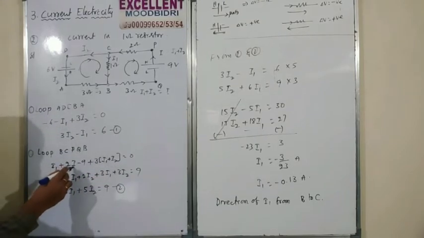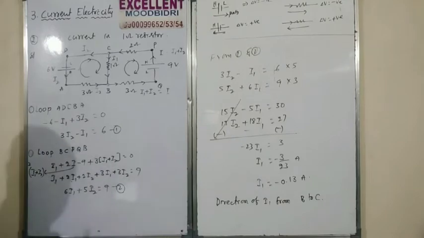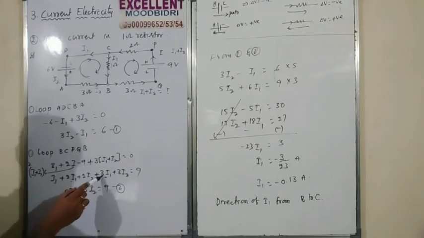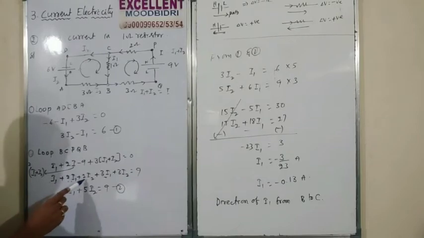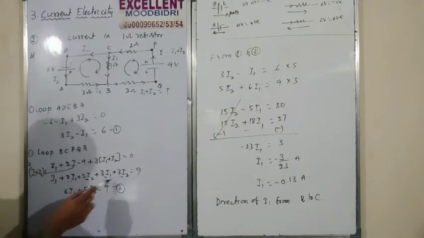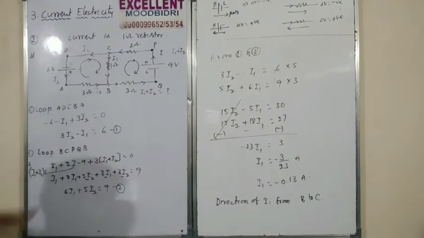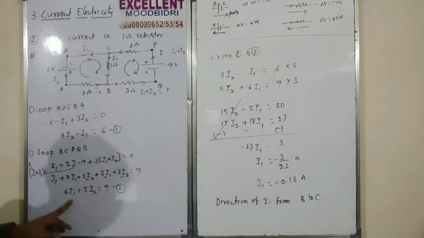Then you can add these: I1, 2I1 and 3I1, 3 plus 2 plus 1 is 6I1. Next, 2I2 and 3I2, so 5I2 is equal to 9. Equation number 2. Now the target is I1, so from equations 1 and 2.